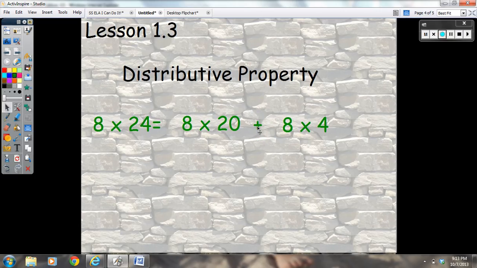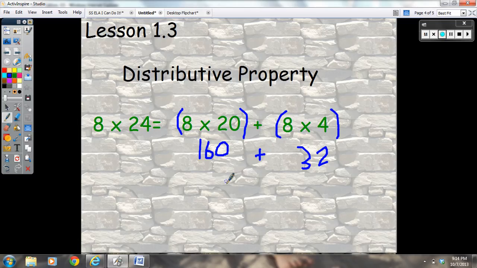You've now used the distributive property to figure out the value of this expression. So I have 8 times 20, and then 8 times 4. I can do this in my head using mental math: 8 times 20 is 160, because 8 times 2 is 16, and I add the 0 on to make it 160. 8 times 4, I know my math facts, equals 32.